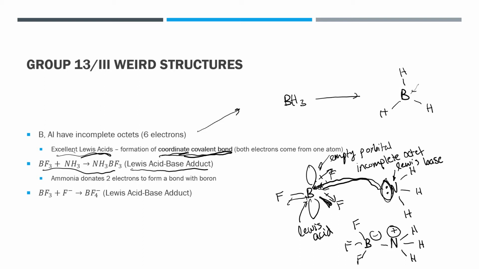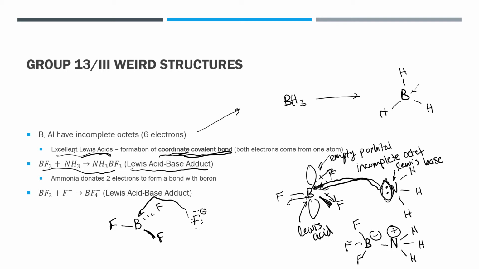And here's just one more example. We have BF3 plus fluoride ion goes to form BF4 minus. This is a very similar example. We have our BF3 with our empty p orbital and very electron poor boron. Then we have our fluoride ion, and so we have a very high, electron dense site on the fluoride ion. We have an electron poor site with our boron.